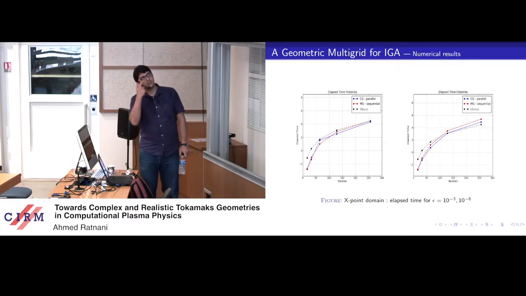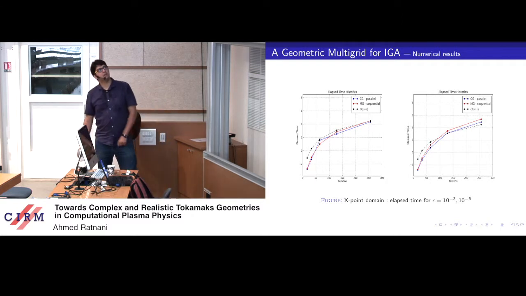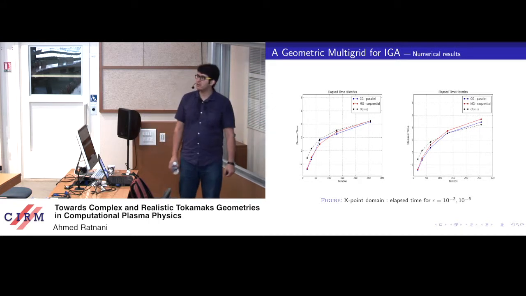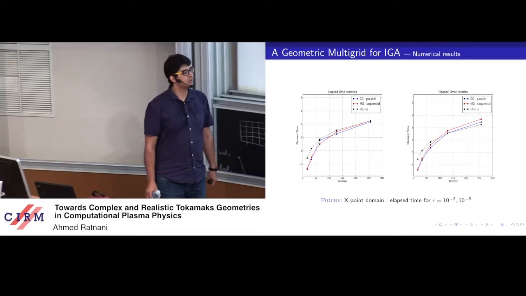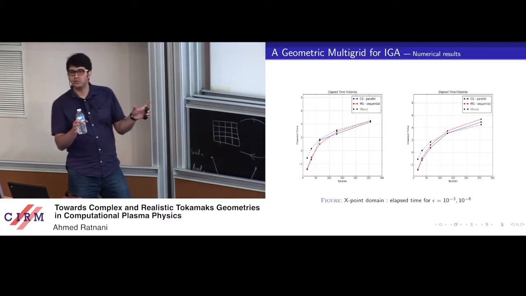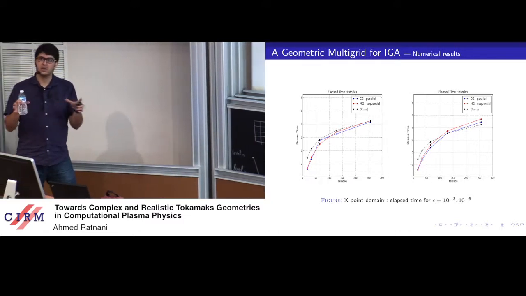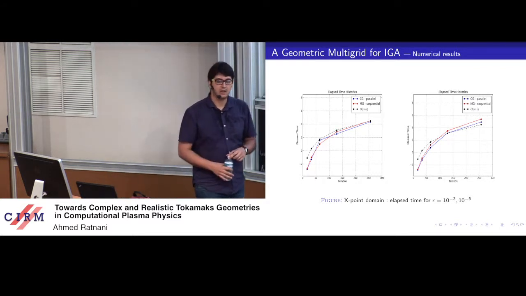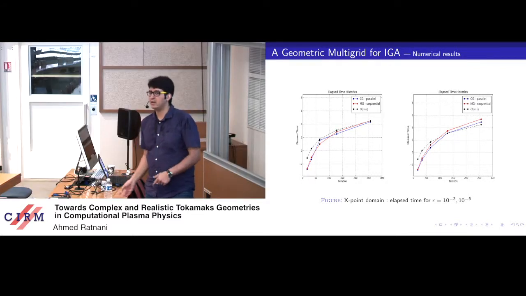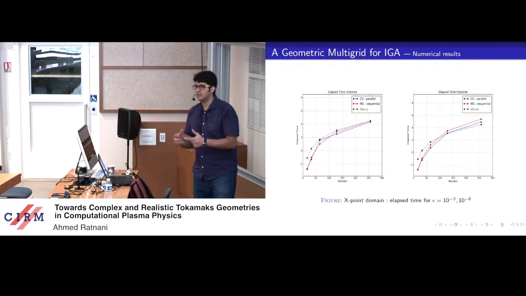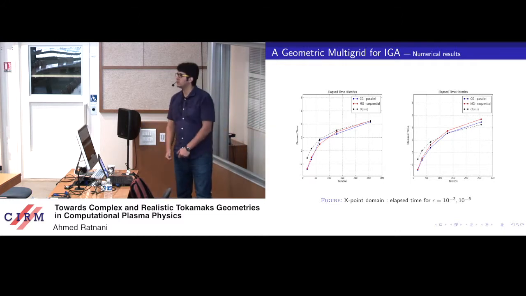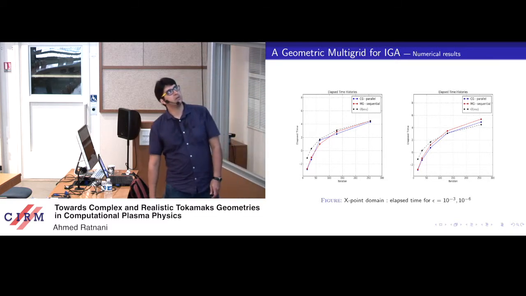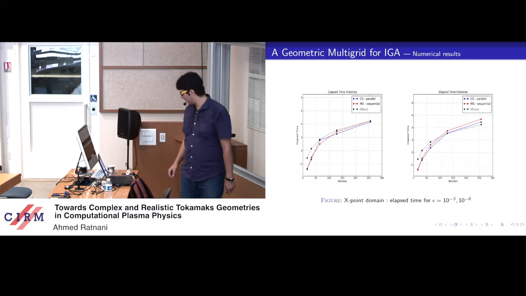For the X-point, it's not quite good because the interpolation operator that we use is not a good approximation. You've seen that I just take the Kronecker product of the two matrices in the two directions, and so I don't have any information about the volumes that I have inside my domain.